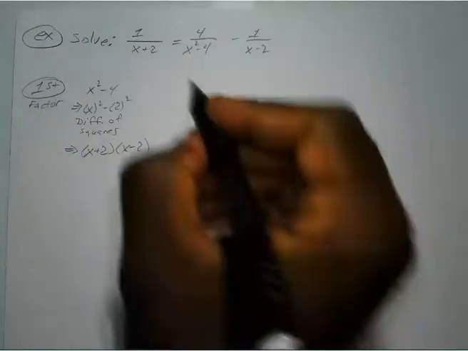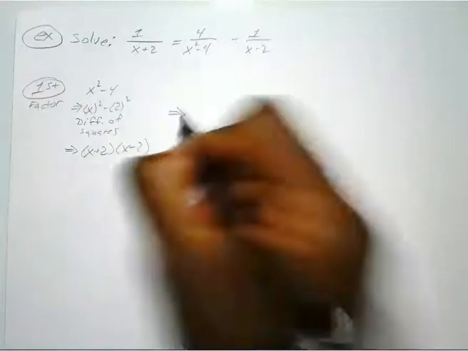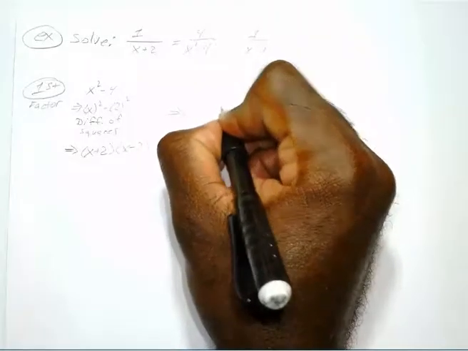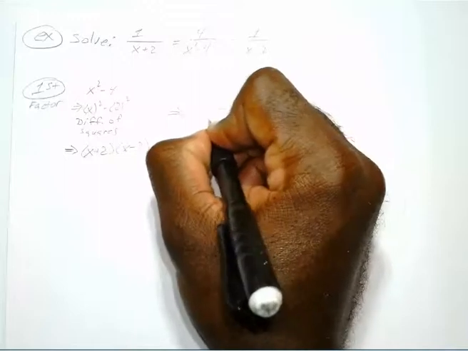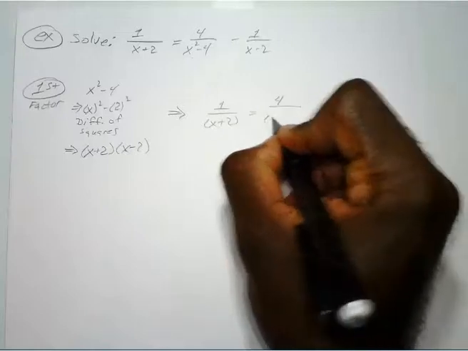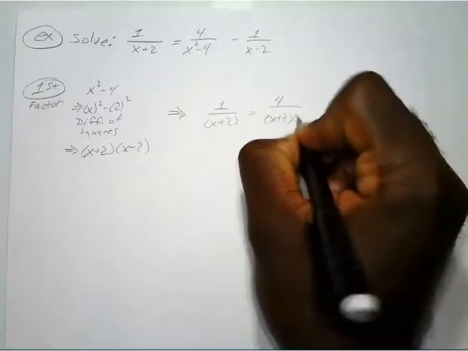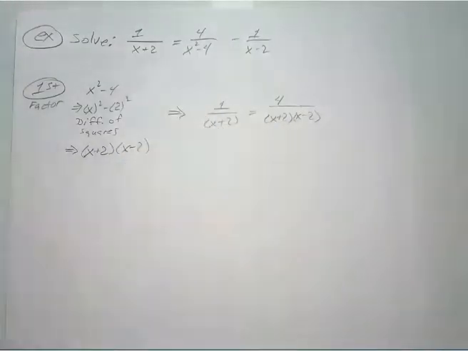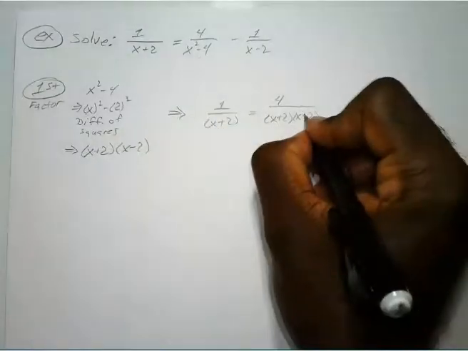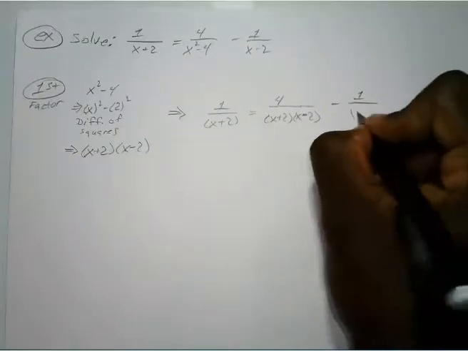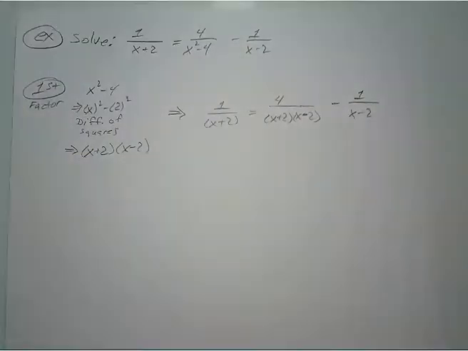If we rewrite this, we have 1 over x plus 2 equals 4 over x plus 2 times x minus 2, minus 1 over x minus 2. That's all we did was factor that one.